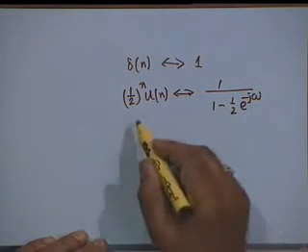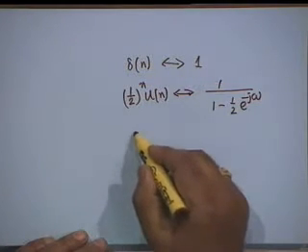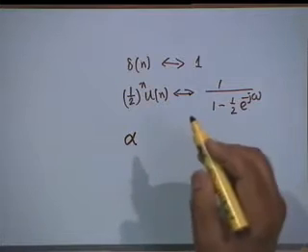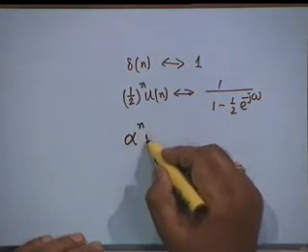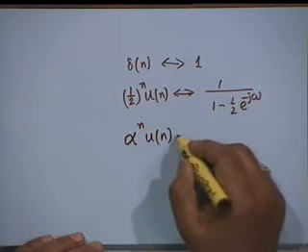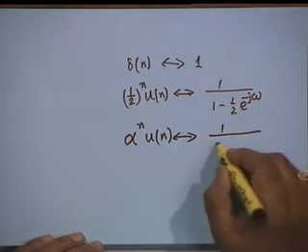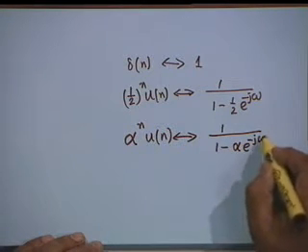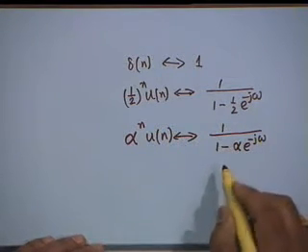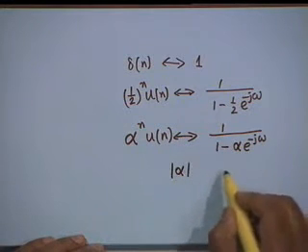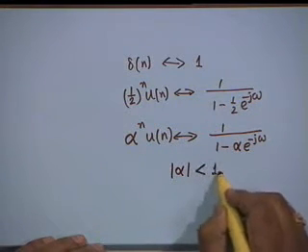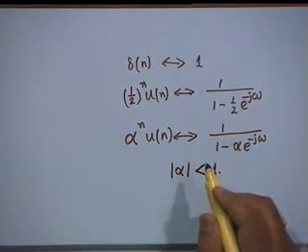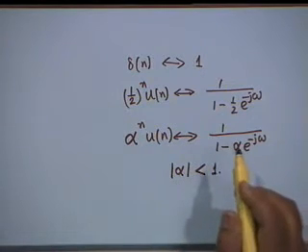In general, if half is replaced by alpha, some constant, which can be real, which can be complex, alpha to the n un, then the transform, it can be very easily shown that it is 1 by 1 minus alpha e to the minus j omega, provided the magnitude of alpha is less than 1. This raises the question of existence of the Fourier transform.